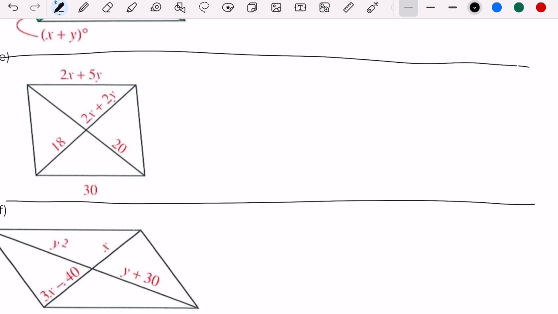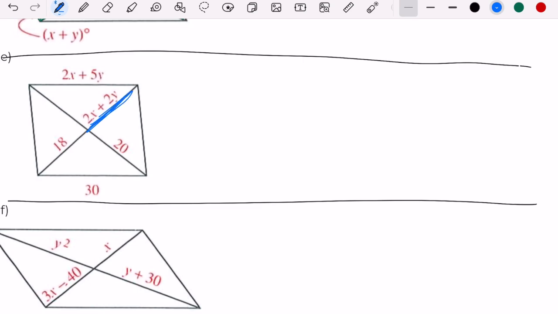We're almost done with the algebraic problems. Okay, so now again we have a parallelogram, and maybe you want to say, oh my god, this is a square, but it is not. We don't know it. So look, we know that this and this are the same, and we know that this and this are the same.